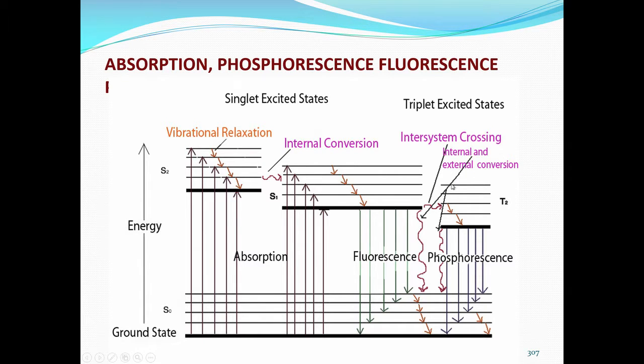Now, you can see I have also drawn one more system where the bold line in the third type is designated as T2, and internal and external conversions.